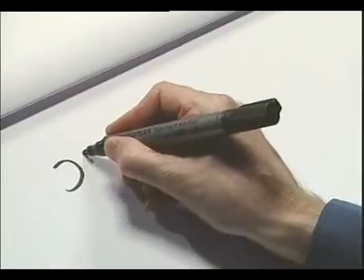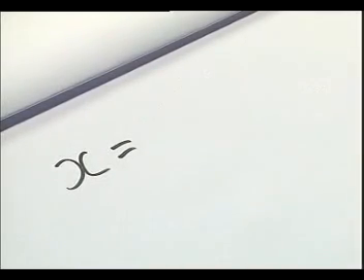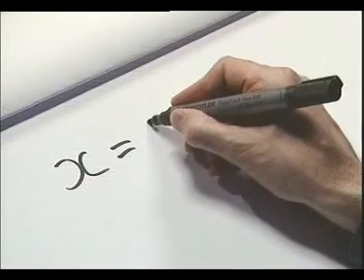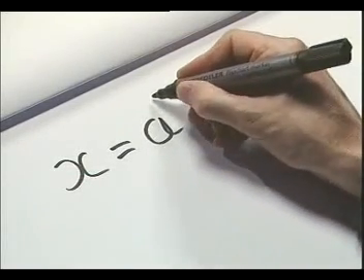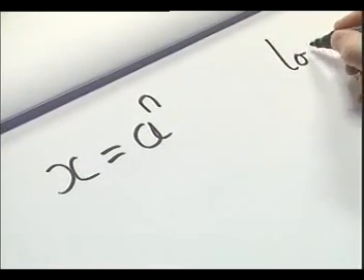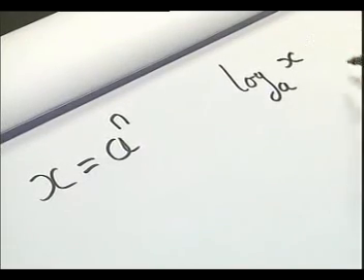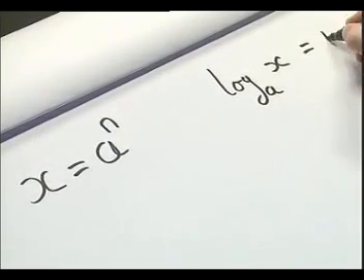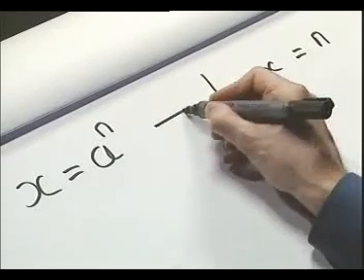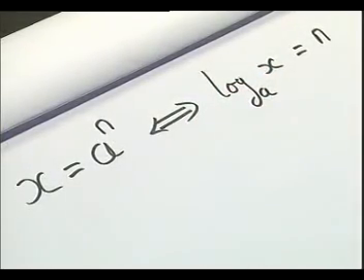If we have a number x, and we can write x as a number a raised to the power n, then the equivalent statement in logarithms is to say that the log to the base a of x is equal to n. And these two are equivalent statements.